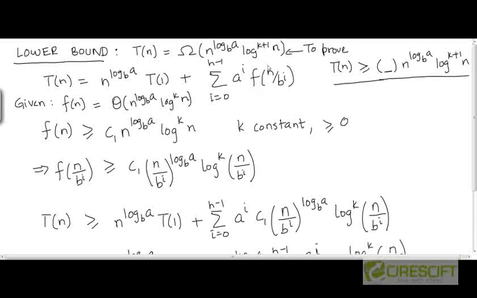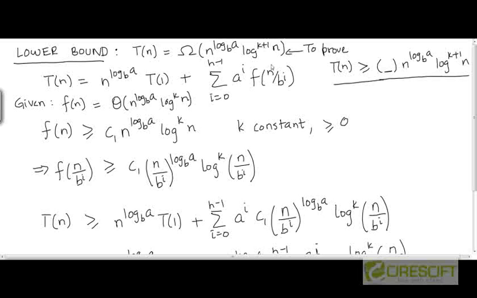In trying to prove an upper bound, we replaced this f of n divided by b to the power I by something larger than this function, and thereby obtained an upper bound. This time we are relying on the first inequality because we are going to replace f of n by something smaller than it. We're going to replace it by the right hand side of this inequality, which gives you a lower bound on f of n.